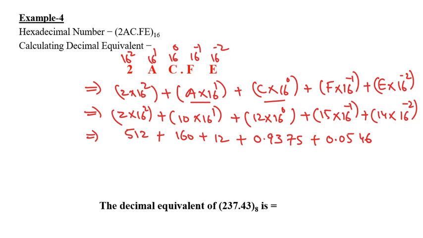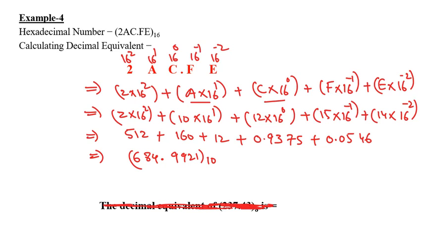So if I add all these things, at the end it gives you 684.992 base 10. This is the decimal equivalent of the given hexadecimal number.